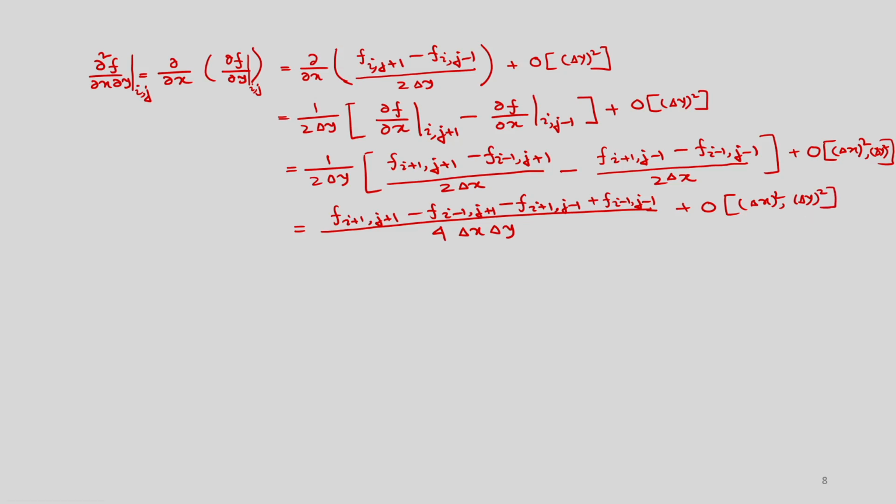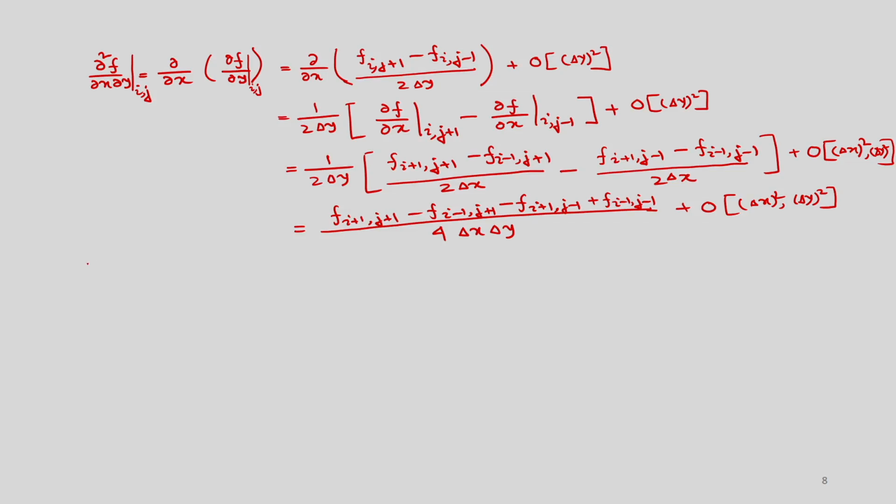Okay. Now, let us use forward difference for this mixed derivative. If you use the forward difference approximation, then similarly you can write ∂²f/∂x∂y as ∂/∂x of ∂f/∂y at (i, j).